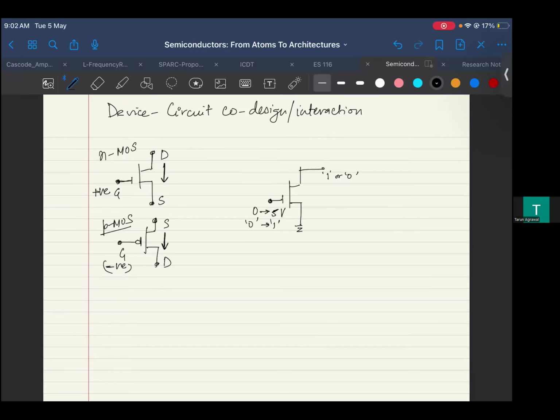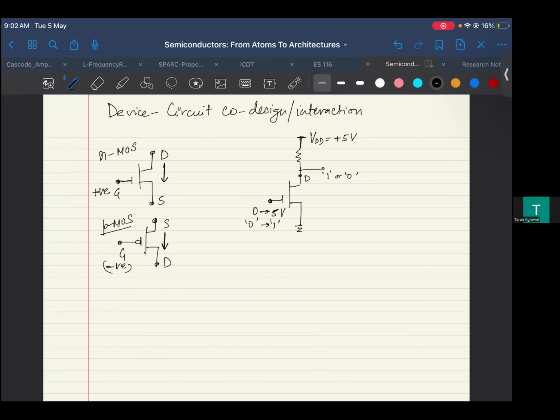Now, to get 1 or 0, we had to keep this drain node floating, right? And what was it controlled by? Because the current changes when we change from 0 to 5 volt, we dictated that with a resistor which was connected to, let's say, a VDD of 5 volt, for example.